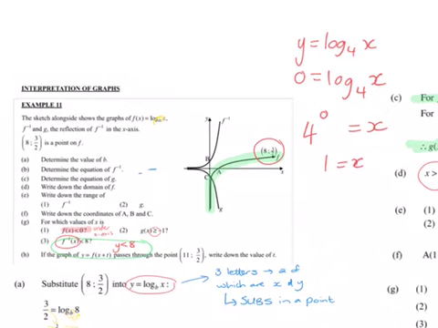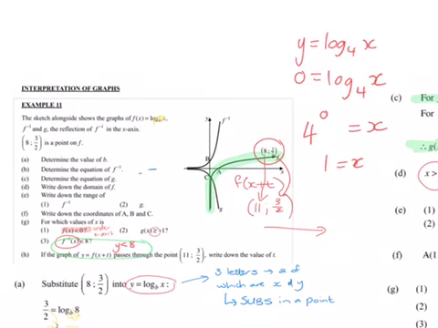Now they're saying to us this green graph, something's happened to it. Now instead of f of x, it's become f of x plus t, and its new coordinate is 11 and 3/2. So ask yourself, how did I get from 8 to 11? Because my 3/2 stayed the same. It means we've shifted the graph to the right.